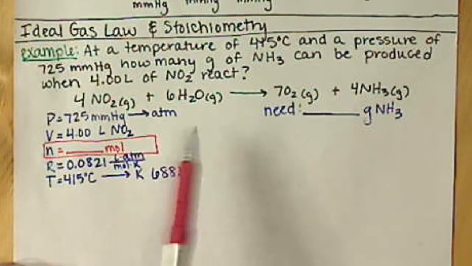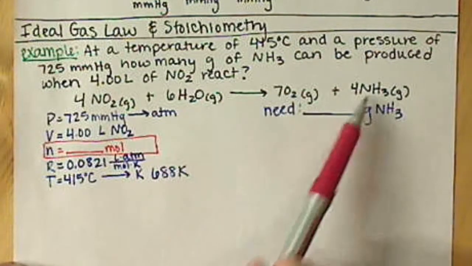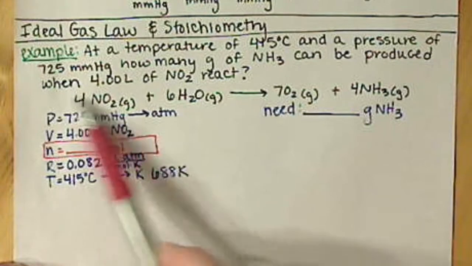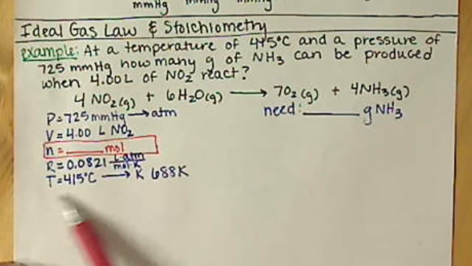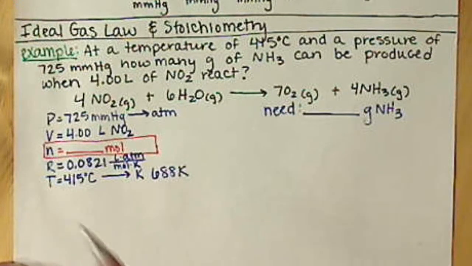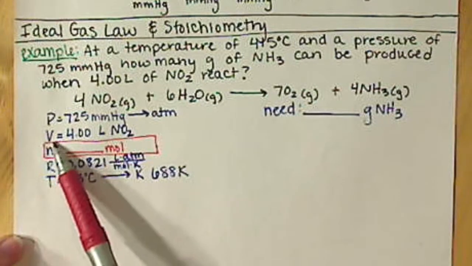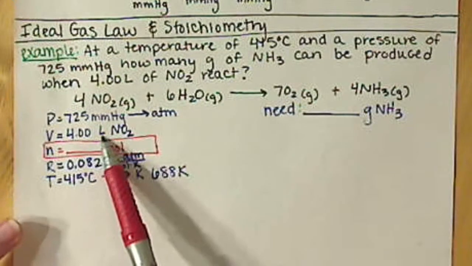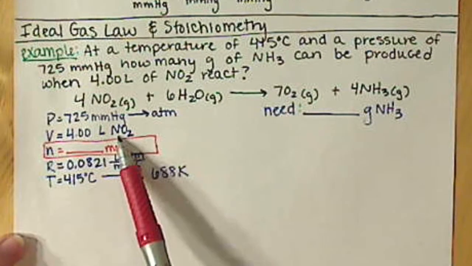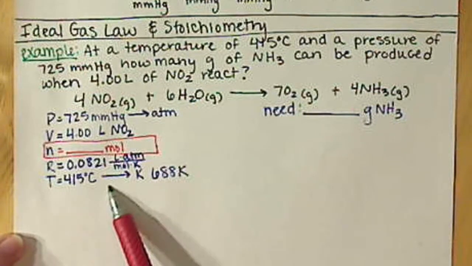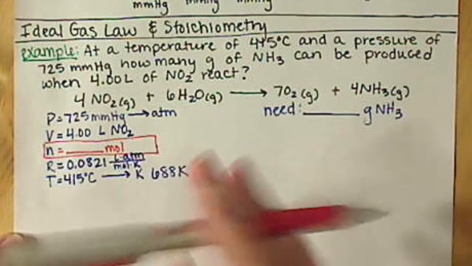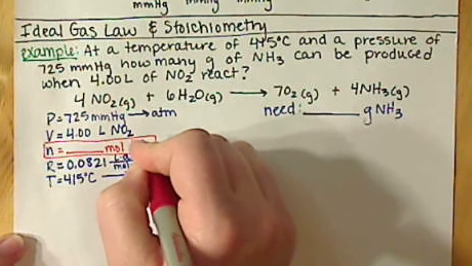In this case, we're dealing with a chemical reaction, so we have to be very careful about which compounds these values of PV = nRT correspond to. When we know that we're reacting 4 liters of nitrogen dioxide and we're using that in our PV = nRT, that means whatever we calculate here is going to be moles of NO2.